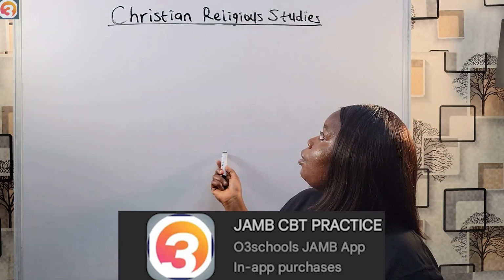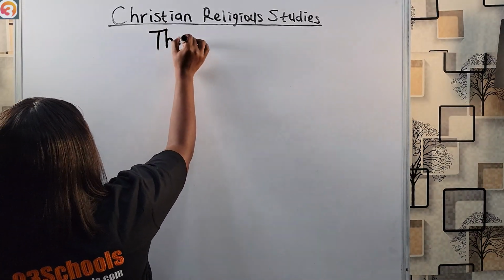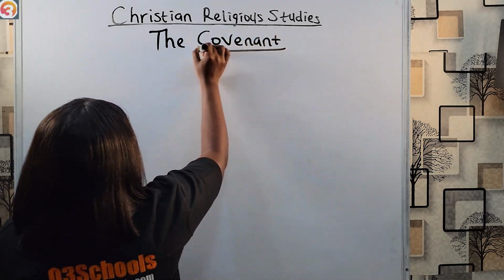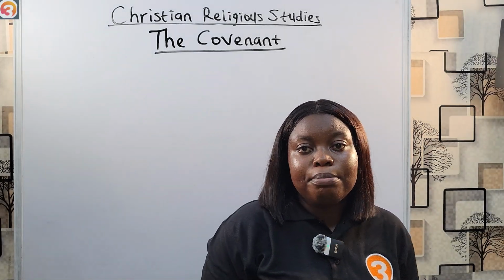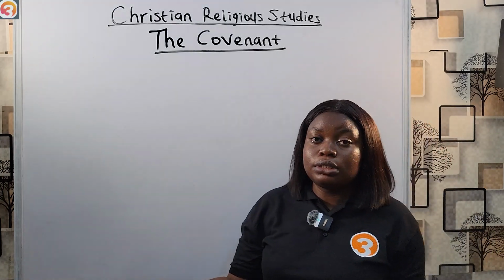So today we're looking at the covenant. This is a topic in the syllabus provided for UTME by JAMB. So first off, what is a covenant? What is it about?